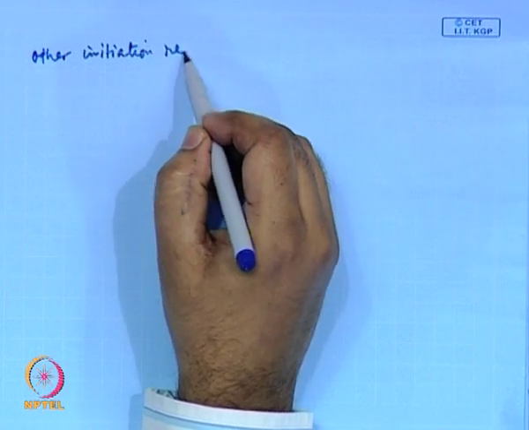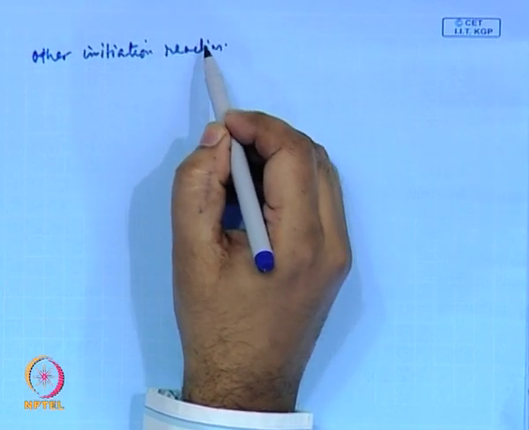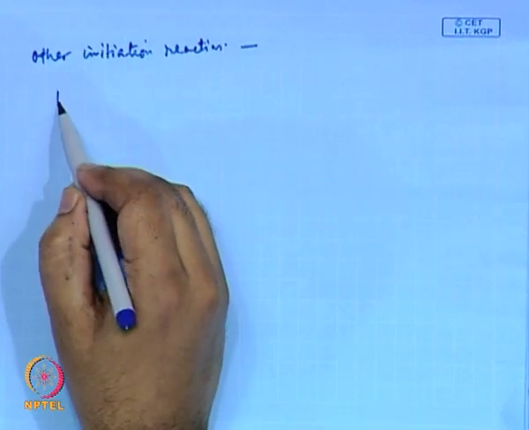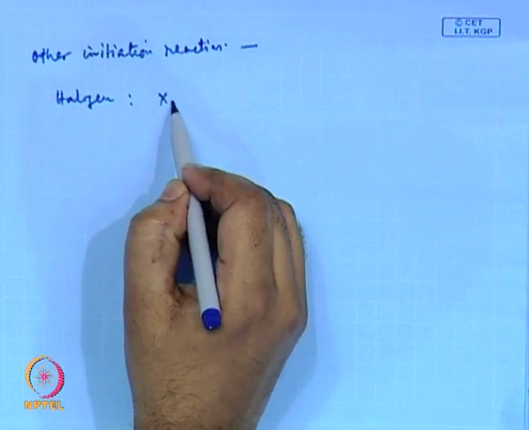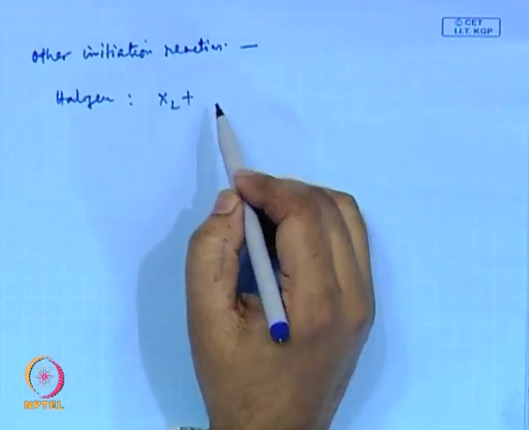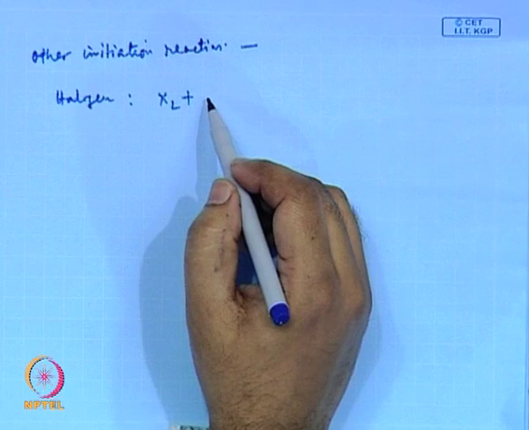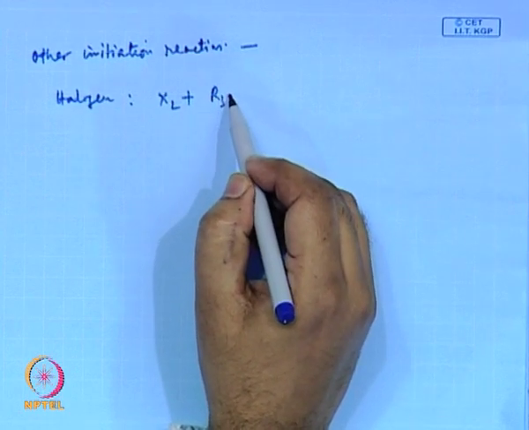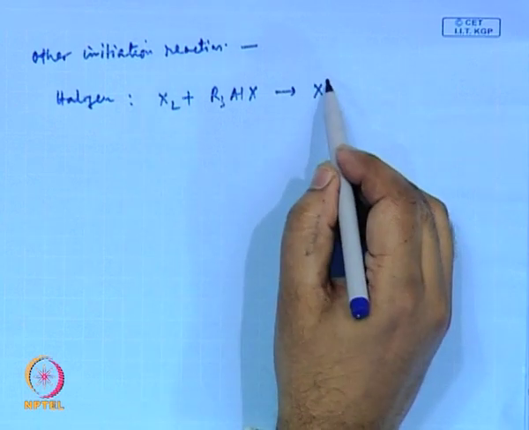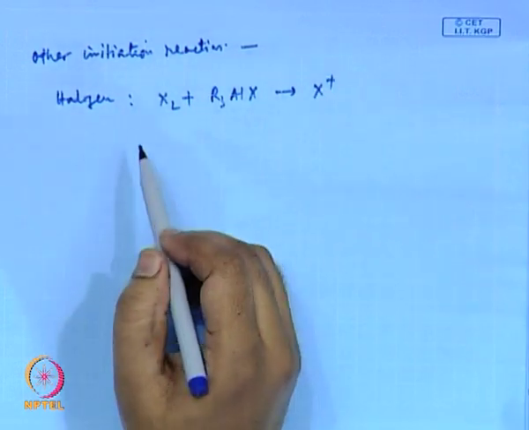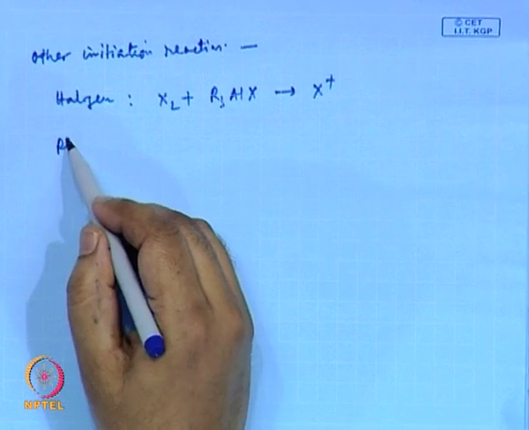For example, halogen can react with a more acidic Lewis acid and give rise to a halogen cation.